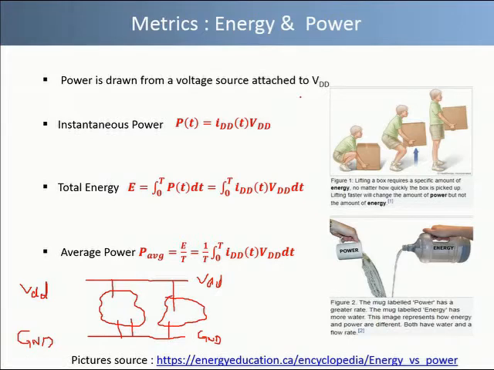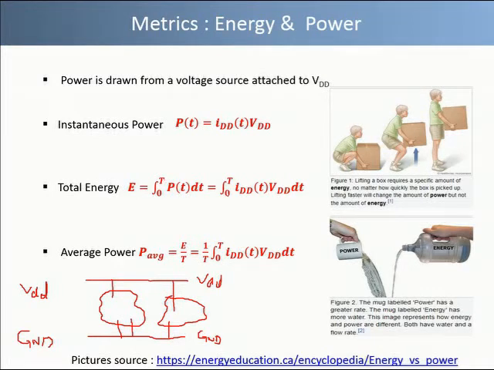And since the power supply provides a constant voltage to all the components on chip, the instantaneous power dissipated by any component is the product of instantaneous current and the supply voltage VDD. Since power is the rate of dissipation of energy, or the derivative of energy with respect to time, the total energy is the integration of power in the time domain from 0 to t.